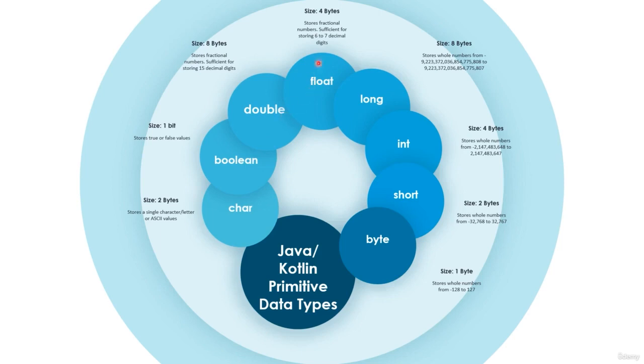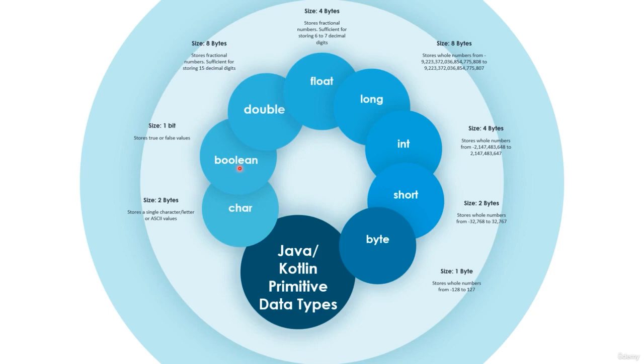The float stores fractional numbers sufficient for storing 6 to 7 decimal digits, and its size is 4 bytes, while the double stores fractional numbers sufficient for storing 15 decimal digits. Its size is 8 bytes.